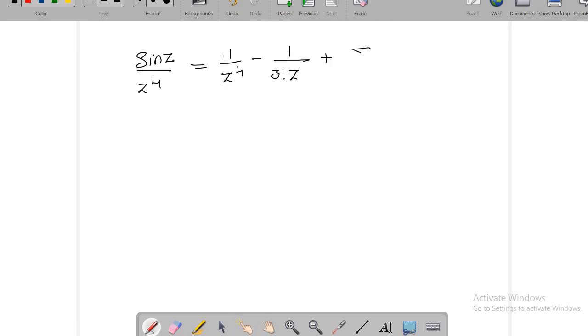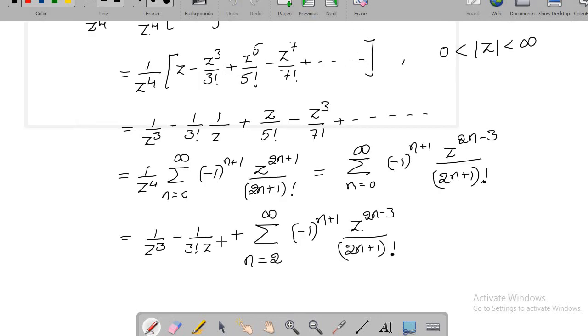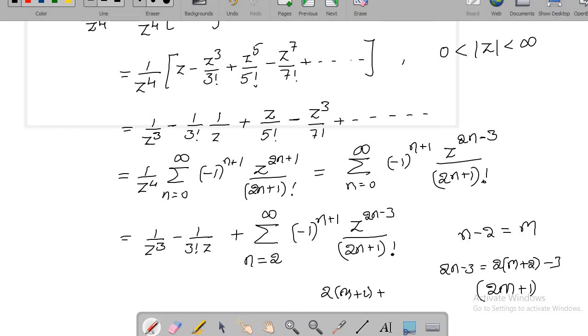Plus summation n equal to 0 to infinity. Now I'll plug in n minus 2 equal to m. When I do that, 2n minus 3 will become, with n equal to m plus 2, m plus 2 times 2 minus 3, so this is 2m plus 1. And when it comes to 2n plus 1, you'll get 2 times m plus 2, 4 plus 1, so 5, so 2m plus 5.